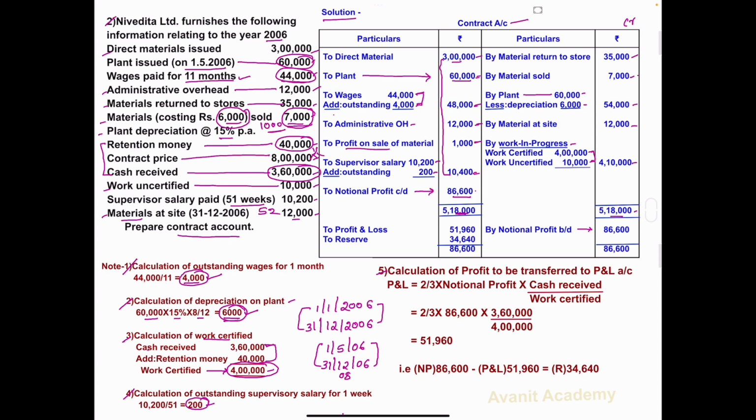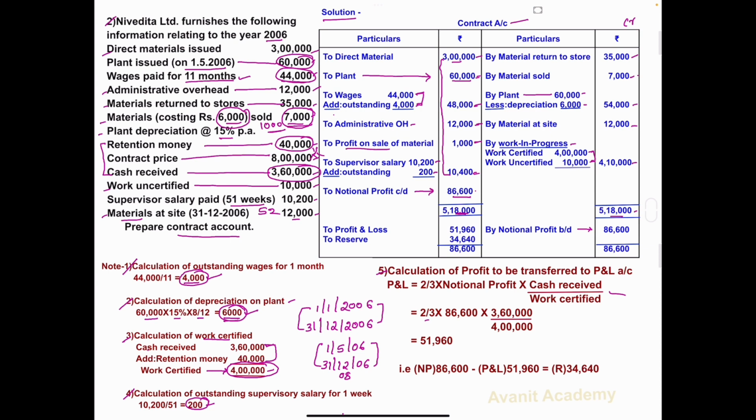So in this problem, the third condition is applied because the work certified amount is half of the contract price. So this is the third condition. Formula is profit and loss amount. See the fifth note. Profit and loss account is equal to 2/3 of notional profit into cash received divided by work certified.